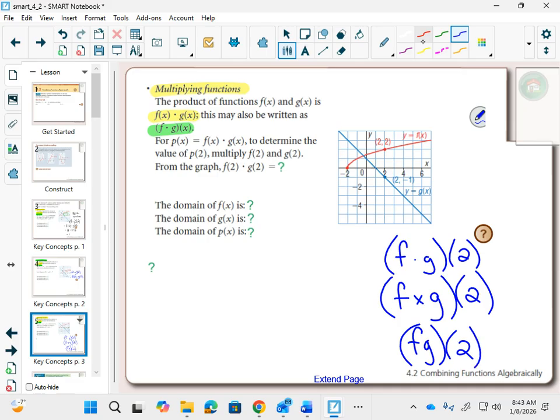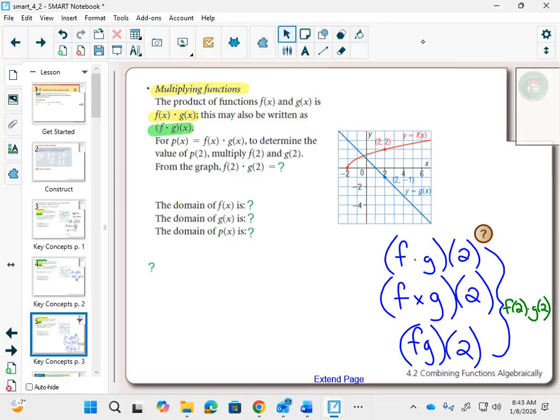These are all examples of not nice notations. If you have any of these, change it to f of 2 times g of 2. And again, all we're doing is multiplying our y values.